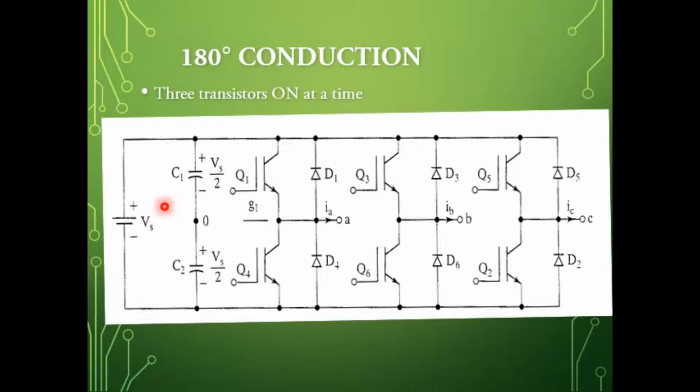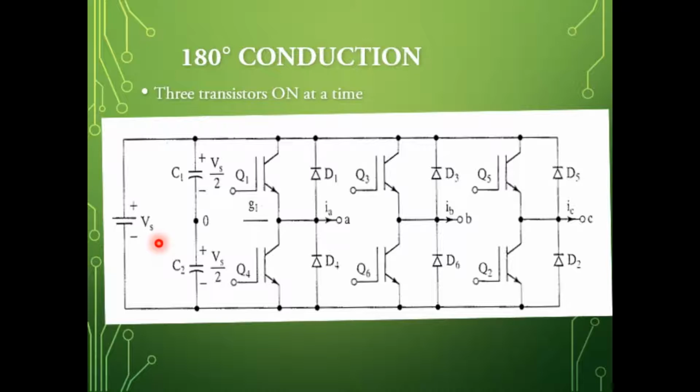Say for example, if transistor Q1 is switched on, then terminal A will be connected to the positive terminal of the DC input voltage. When transistor Q4 is on, then terminal A is connected to the negative terminal of the input voltage. So there are 6 modes of operation in a cycle, and the duration of each mode will be 60 degree.